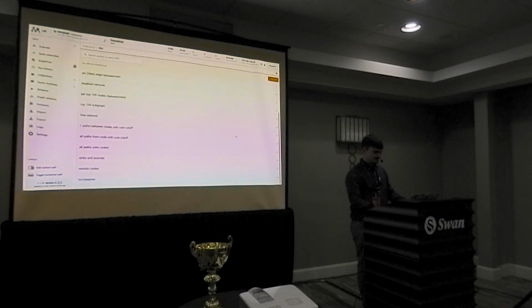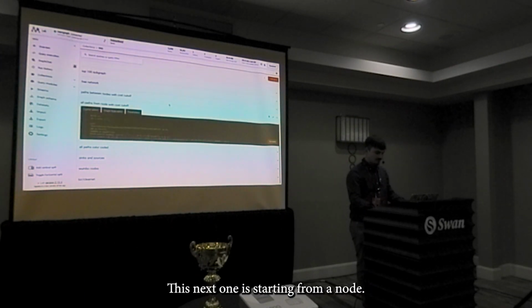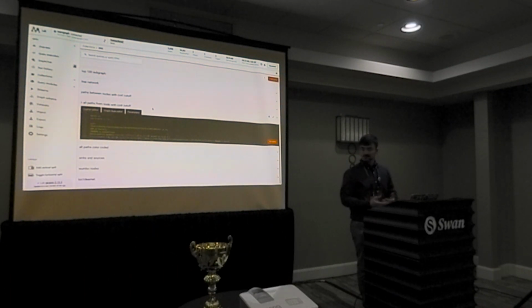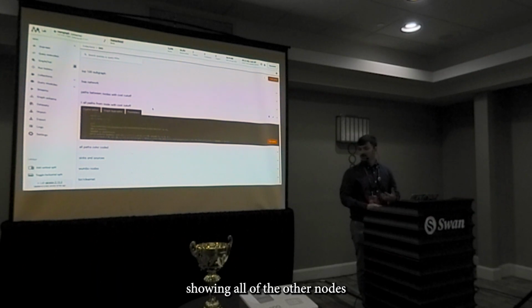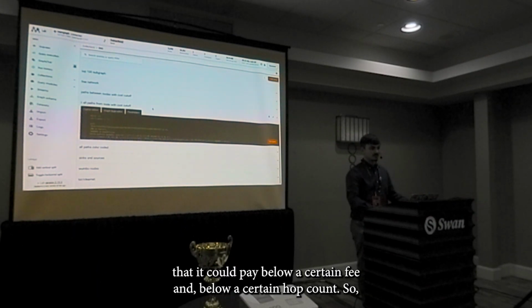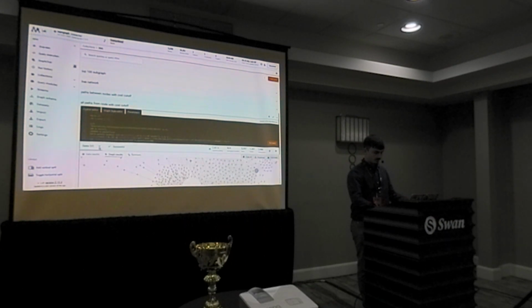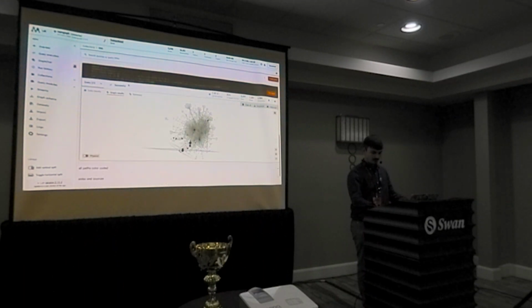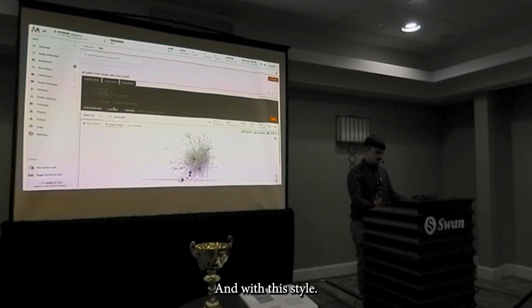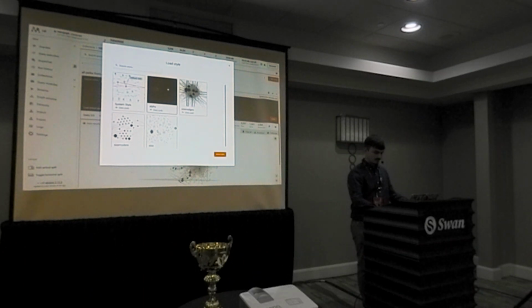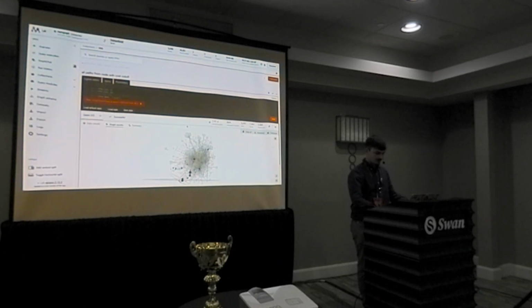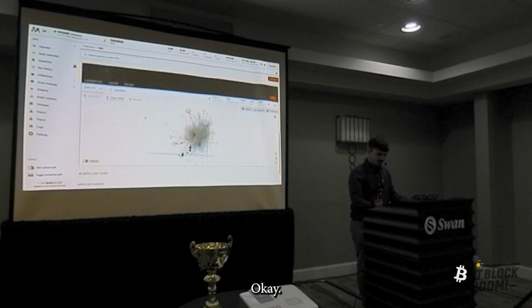All right, this next one is starting from a node, showing all of the other nodes that it could pay below a certain fee and below a certain hop count. And with this style, okay, maybe not.